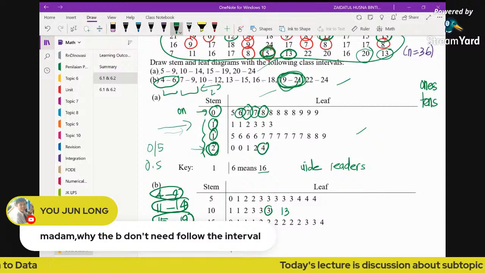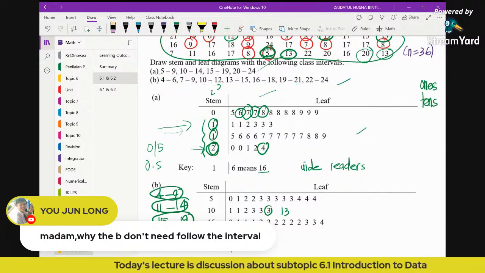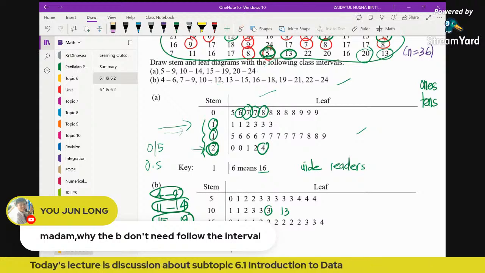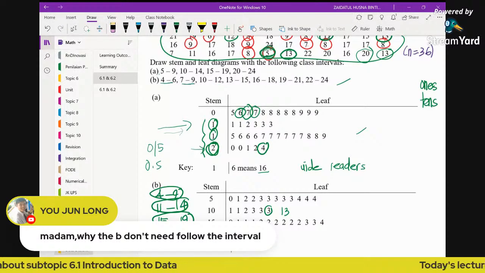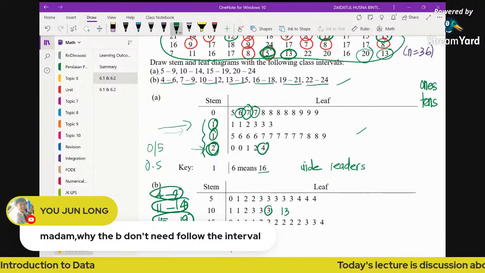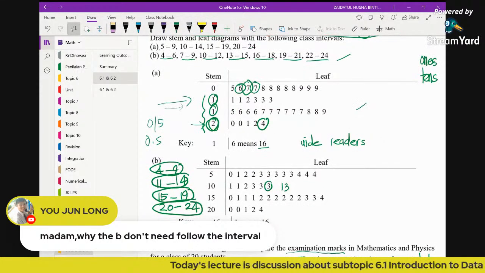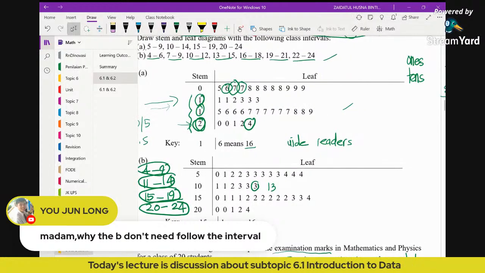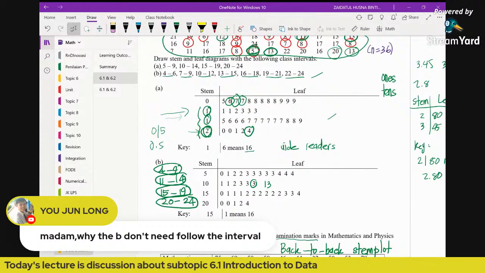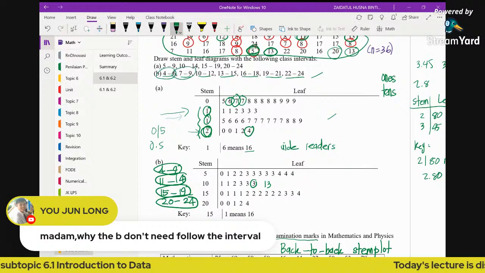In order to use this interval, you are going to have 7 different stems. The stems have to follow the intervals provided.